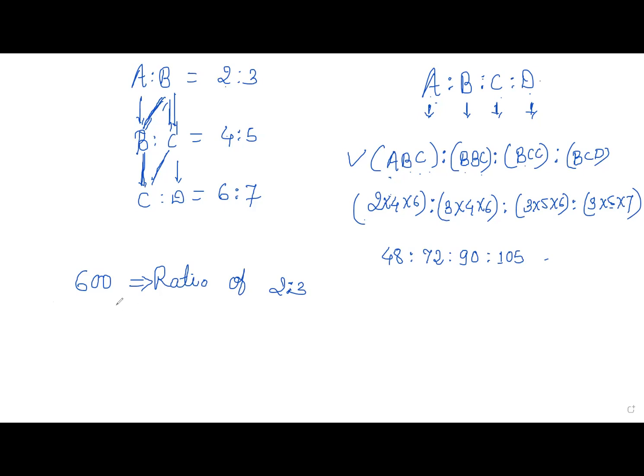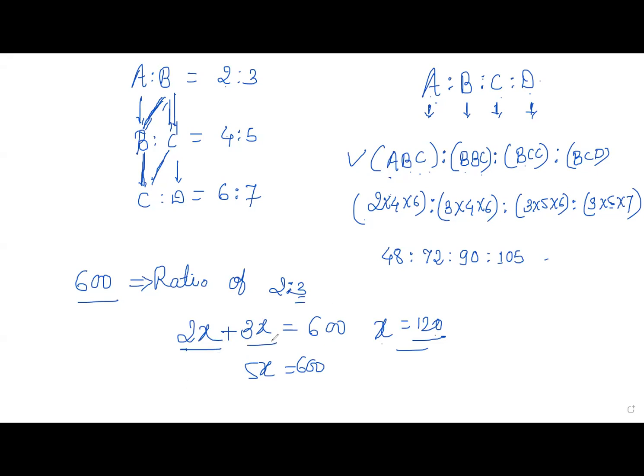Okay, so here we are going to divide this 600 in the ratio of 2:3. So what to do there? First consider 2x. For the second term 3x. As we know the relation between these two terms, 2x plus 3x is equal to 600. So 5x is equal to 600. So x will be 120. Isn't it? Now the value of x is 120.